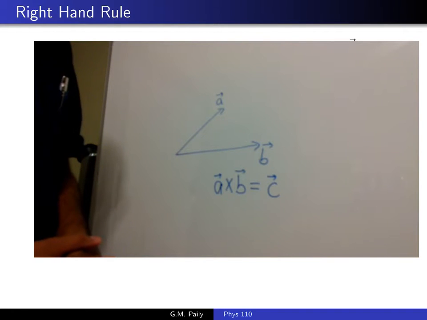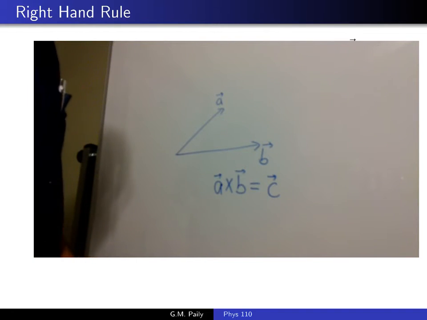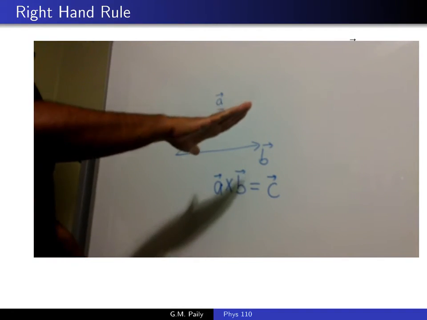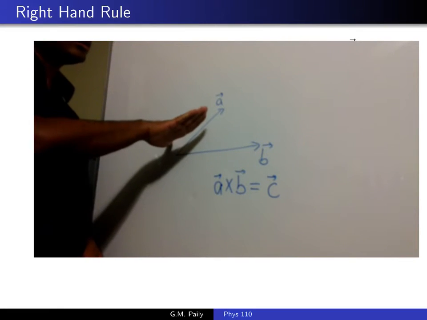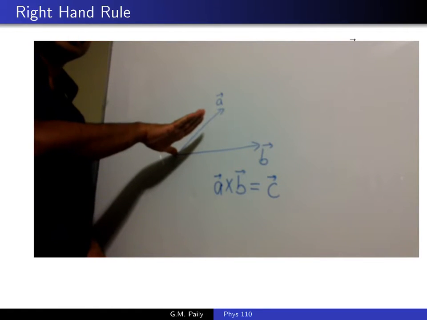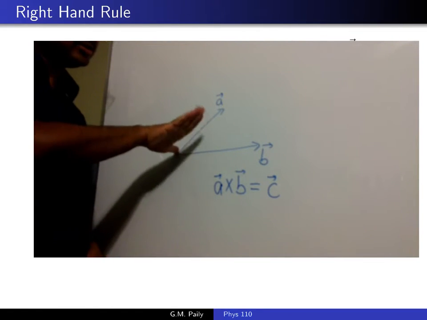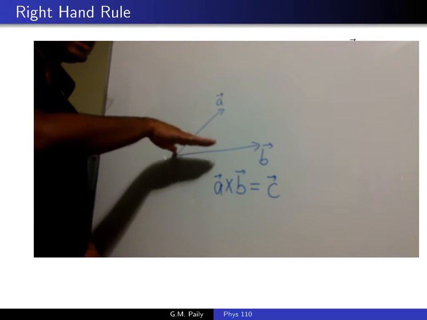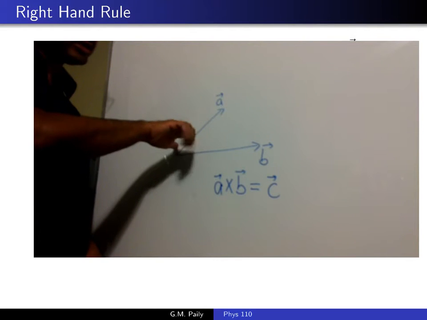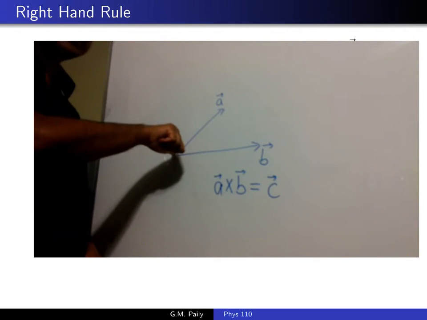Here we are doing A cross B. I take my right hand and hold my fingers flat and point them along the first vector, A. I then curl them towards the second vector, B. You can see that this is the angle between A and B, and so I curl my fingers through that angle.